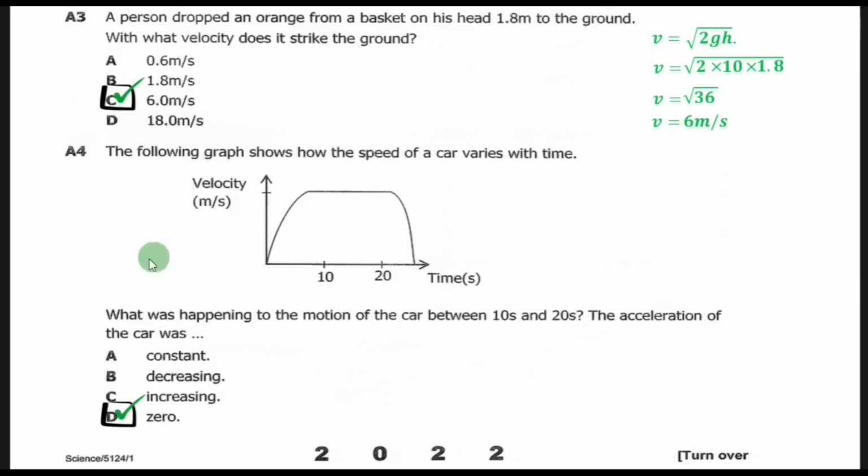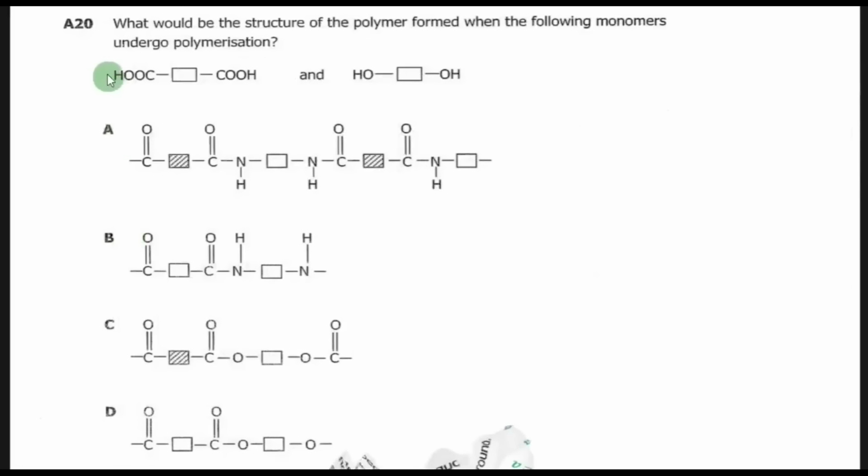Like in the previous video where we revised Science Paper 2 GCE 2022, there was question number 20. On this question I gave this answer, but this is not what I had intended, not knowing how I arrived at this one.